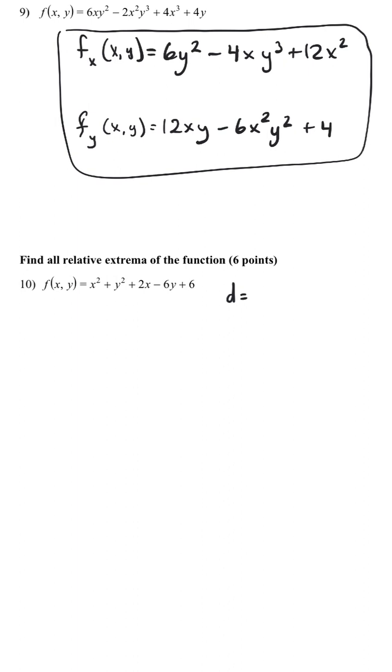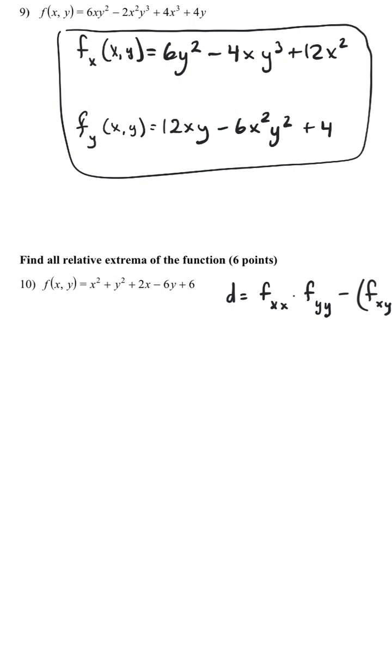So d is the second partial derivatives. It's the product of this second partial derivative multiplied by this second partial derivative minus the square of that partial derivative. So that's d. And then, like I said, depending on the value of d and the value of this second partial derivative, that will determine whether your critical point is a minimum or a maximum or neither.